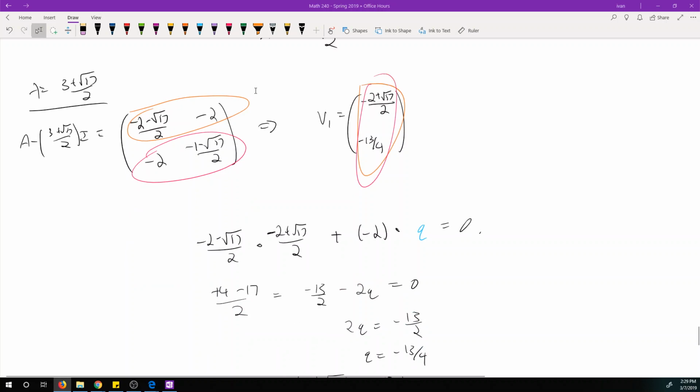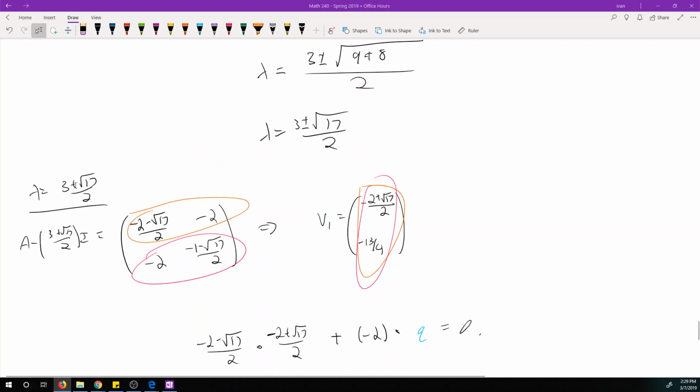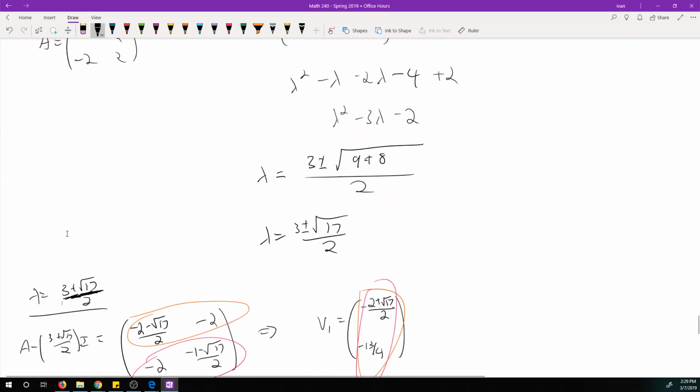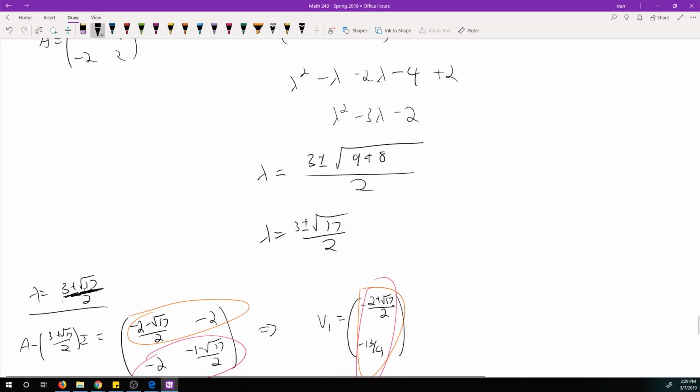Okay. Be careful when you're subtracting these guys, because this is like 3 plus root 17 over 2. So everything's over 2, not just the root 17 over 2 term. So when I do 1 minus this, it's really 2 over 2 minus that. So this should be a negative 1.